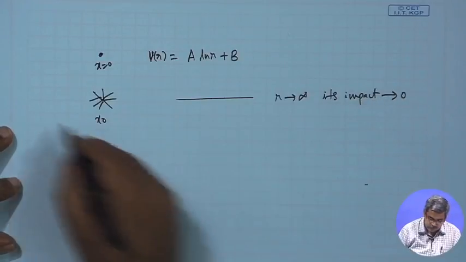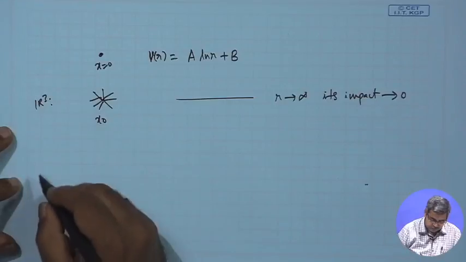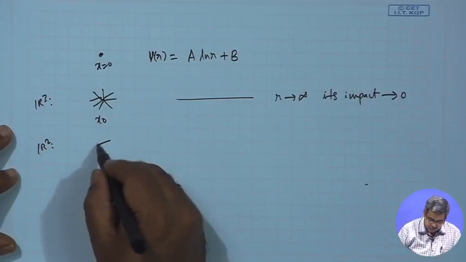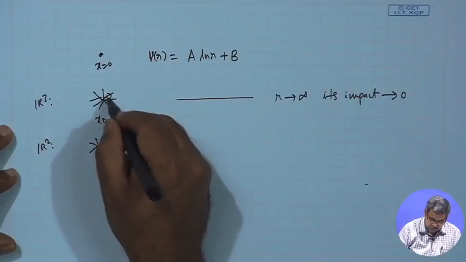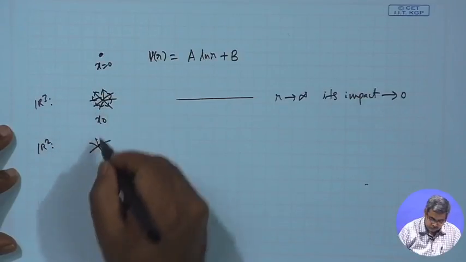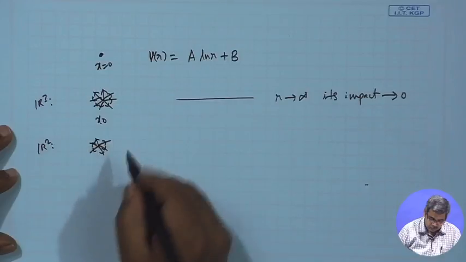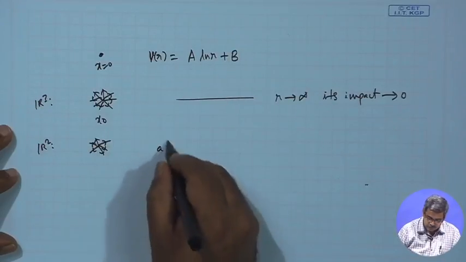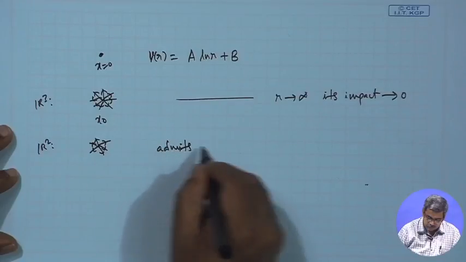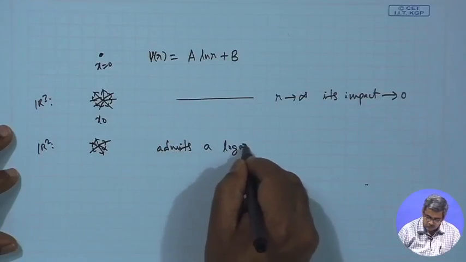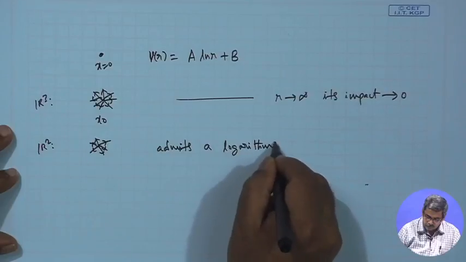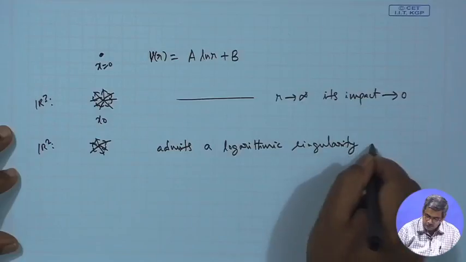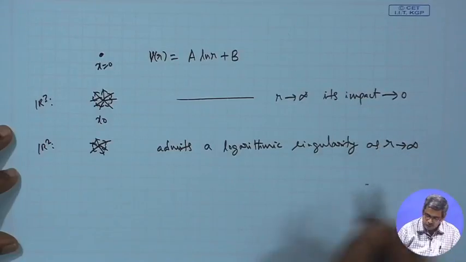Okay. That is typically in 3 dimensions. But in R2, if you consider similar condition, so this is the source we are talking about. Okay. In R2, if you consider similar condition, so it admits a logarithmic singularity as r goes to infinity.